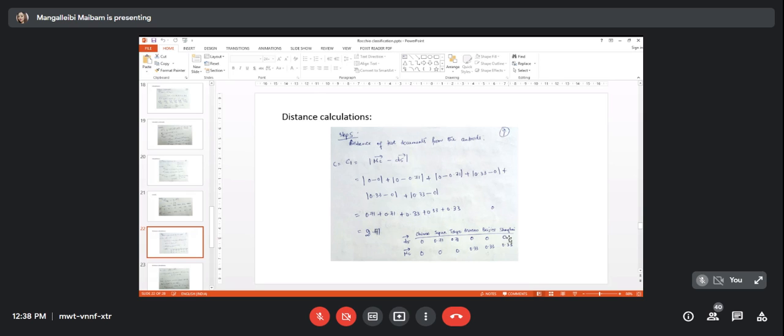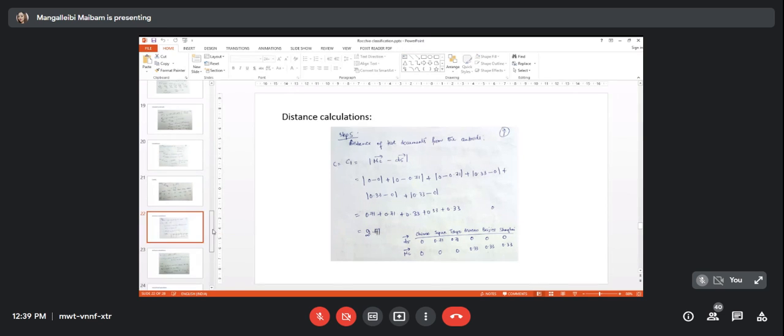After finding the absolute distance, we got 2.41 for the difference between our centroid and the test document D5.